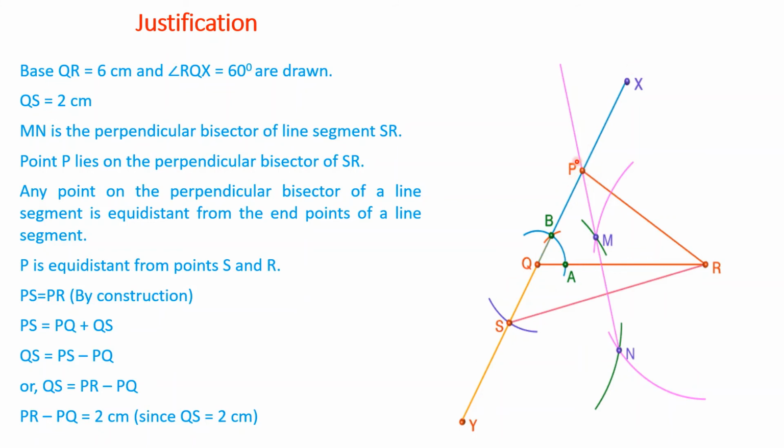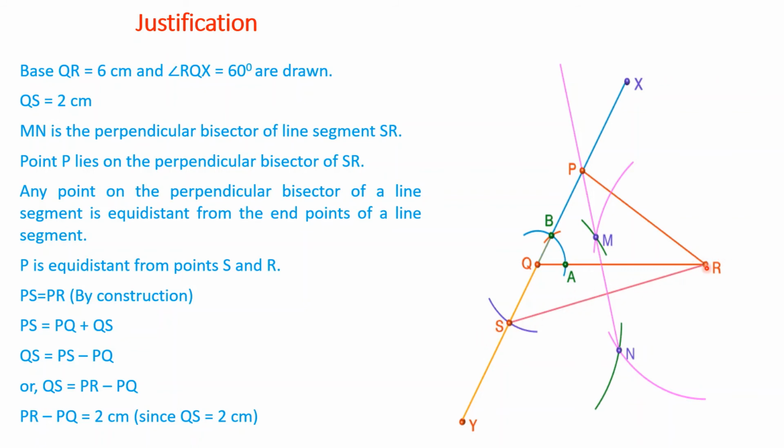Now P is a point that lies on the perpendicular bisector, and we know any point on the perpendicular bisector is equidistant from the endpoints of the line segment which it bisects.